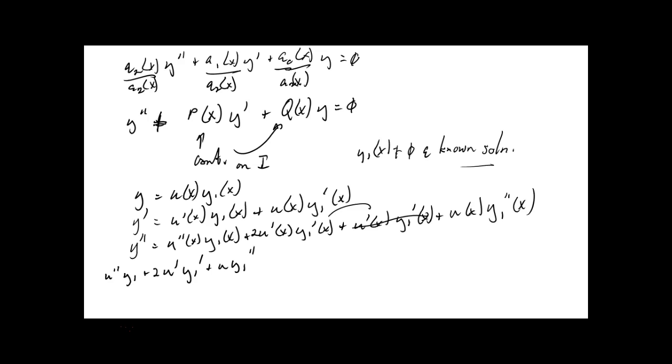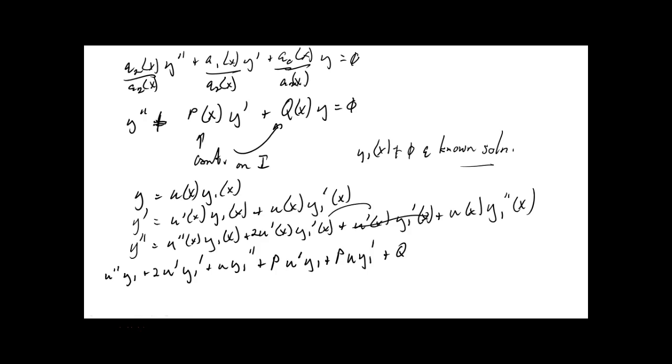Plus p, I'll leave off the x there too, times y prime, which is u prime y1 plus p u y1 prime. Oh, you distributed the p? Yeah, okay. Plus q times y, which is u y1, right? And this is equal to 0.